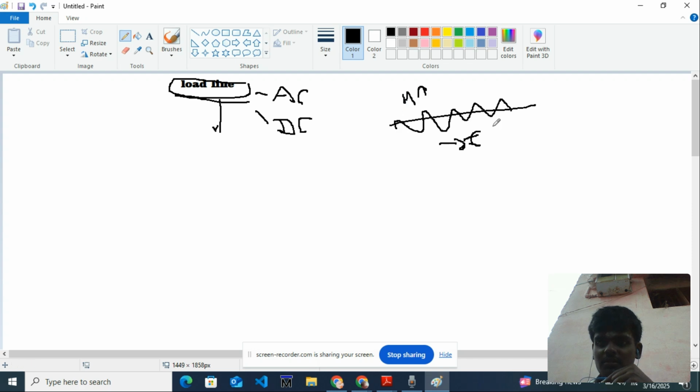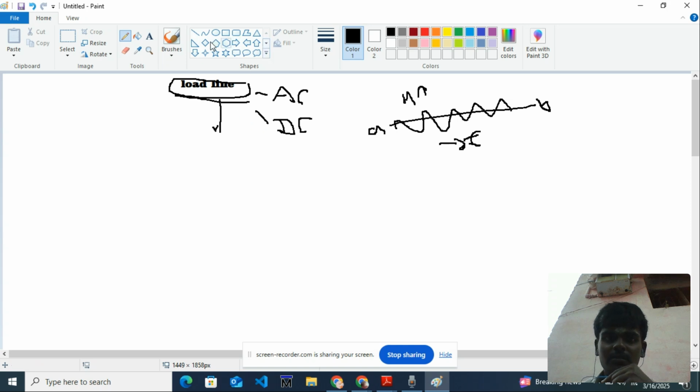In this direction, the electrons will move from point A to point B. In this period, we need to measure or calculate the current efficiency. Then the load line will help to find out the data from the characteristics of the current flow, either current or voltage. The load line will help to find out the circuit.